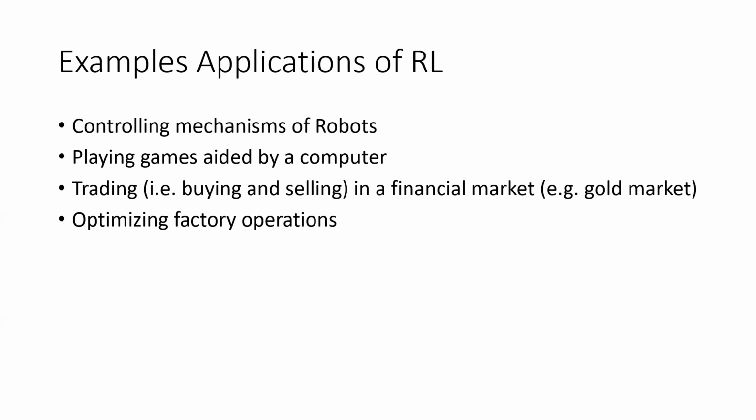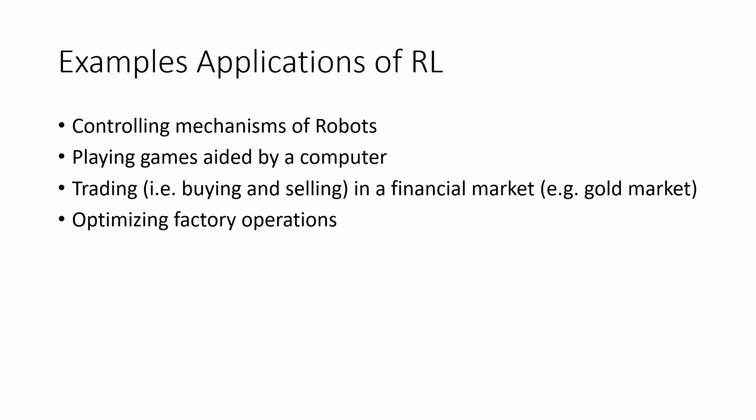When you are trying to predict the future of the market, whether the price would go high or low, you can use reinforcement learning to make predictions depending on the changing environment and how the prices would move, and then you can use these techniques to make a profit out of it. Okay?